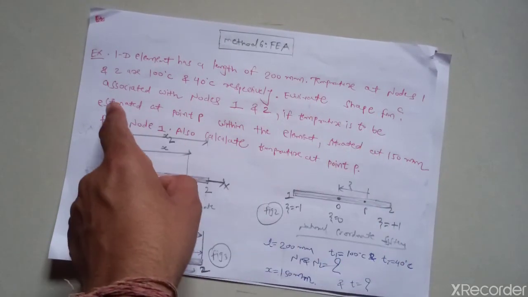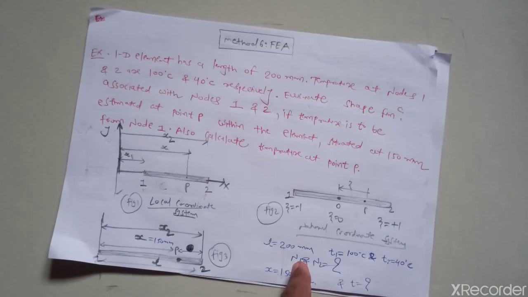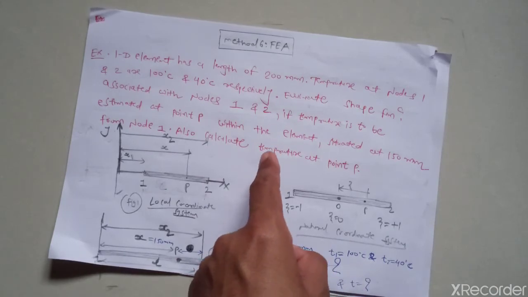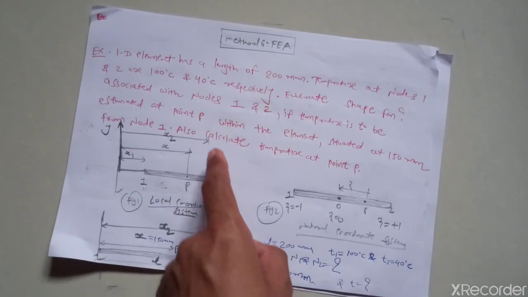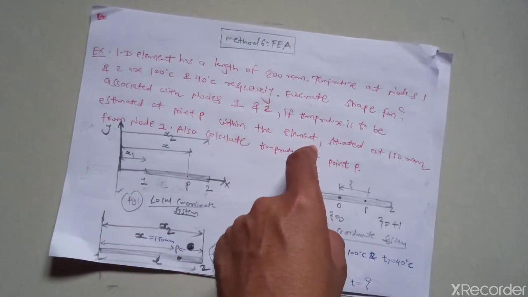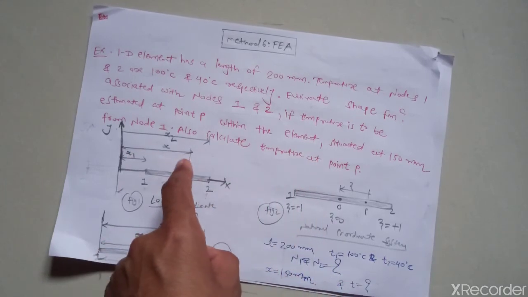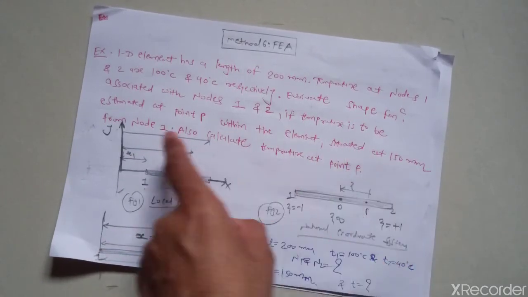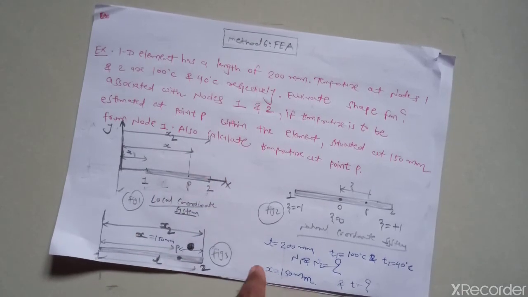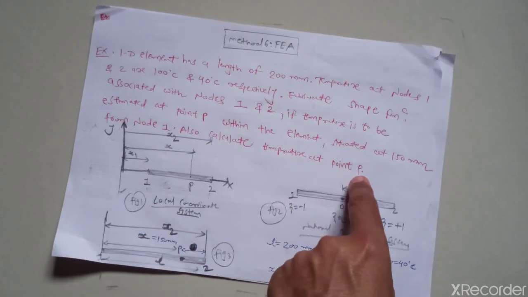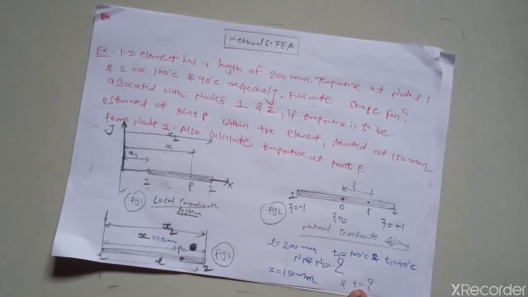Evaluate shape functions means we want to find N1 and N2. The temperature is to be estimated at point P, which is within the element, at a distance of 150 mm from node 1. So here x is given as 150 mm. Also we want to find the temperature at point P.